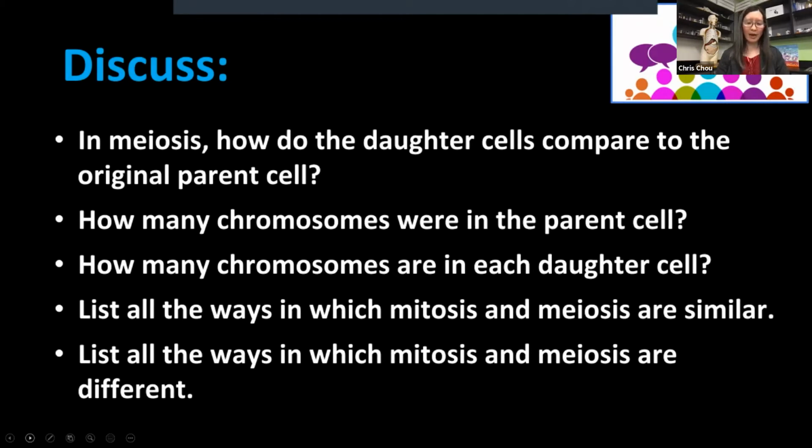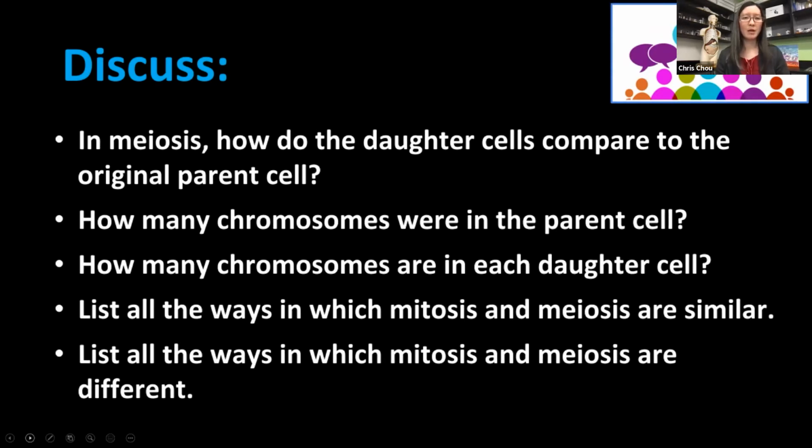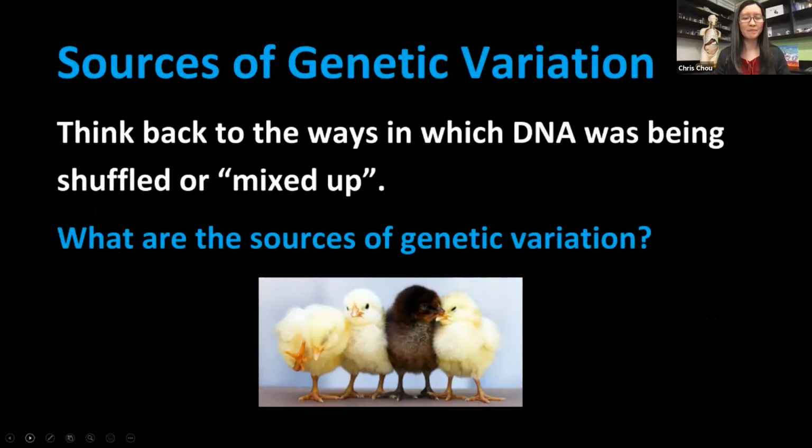And so having these chromosomes out will be great for your students to be able to talk about comparing the number of chromosomes in parent cells and daughter cells, whether it's through meiosis 1 or meiosis 2. Okay, and to compare similarities and differences between mitosis and meiosis.